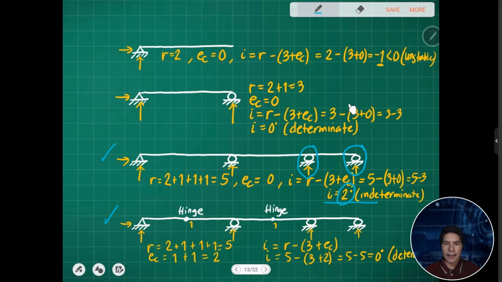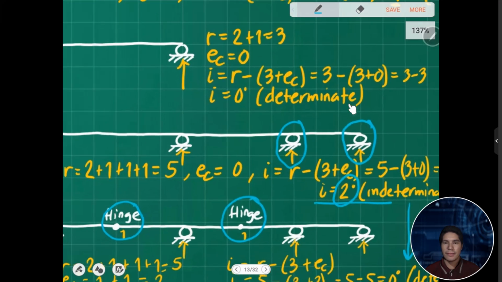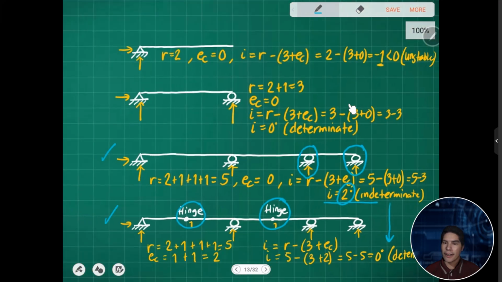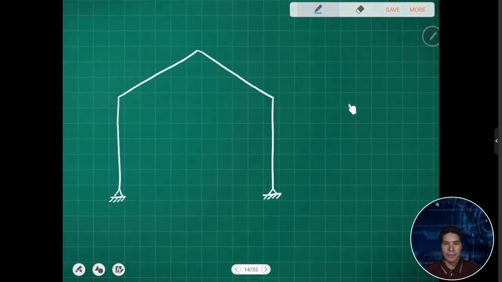That's why when we add two internal hinges, our continuous beam becomes determinate. It means that it can be analyzed now using equilibrium equations. So that's another way to look at the degree of indeterminacy.